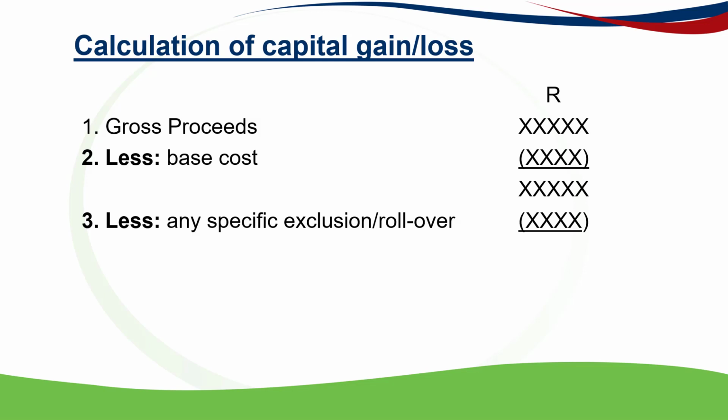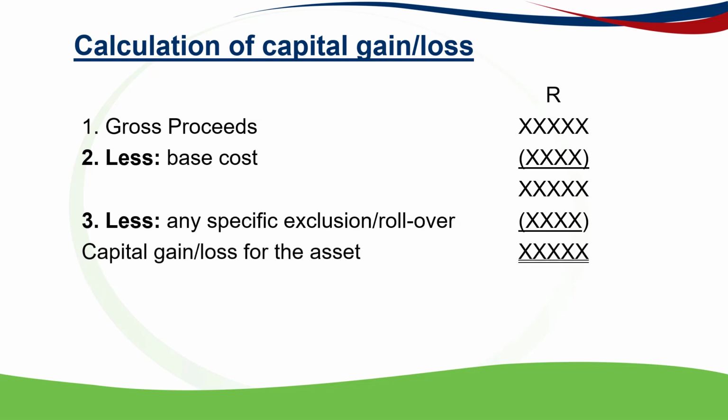We will discuss the exclusions and rollovers in the next video, that is in part 2 of the series of the CGT videos. If there's any specific exclusion or rollover, then this should be applied accordingly, and the final result of this calculation will be the capital gain or loss used in the capital gain calculation as in the previous slides.